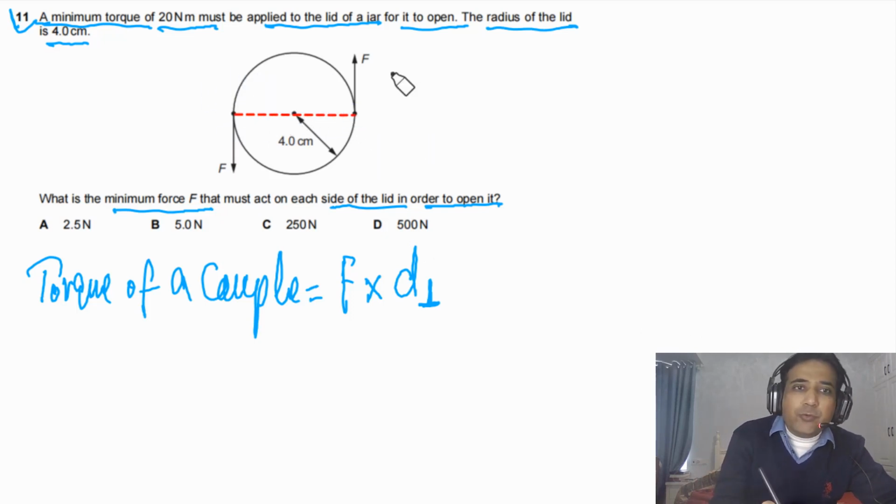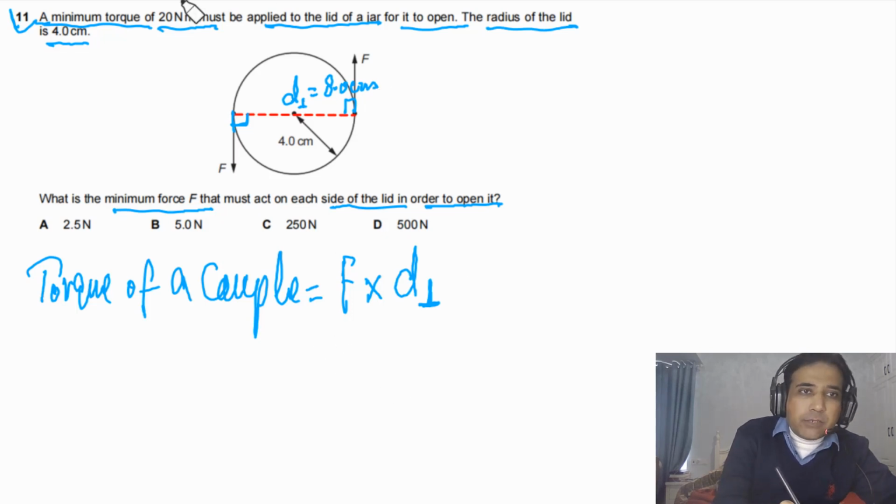We have two forces, one here and another here, each at an angle of 90 degrees. This is the perpendicular distance, and it is equal to 2 times the radius, so it is 8.0 centimeters.